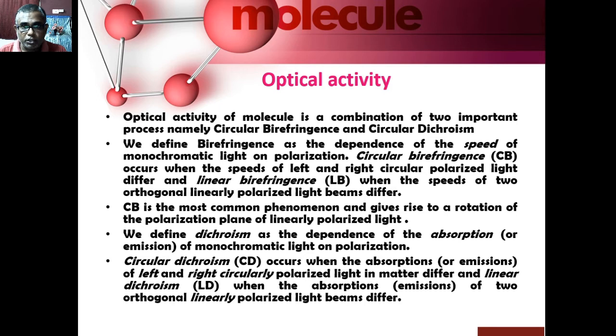And if my optically active molecule has functional groups like carbonyl groups, it can absorb the incoming light, and it can give out a light with a different wavelength or different frequency, and that leads to circular dichroism. Both these phenomena put together, circular birefringence and circular dichroism, is what we call optical activity.